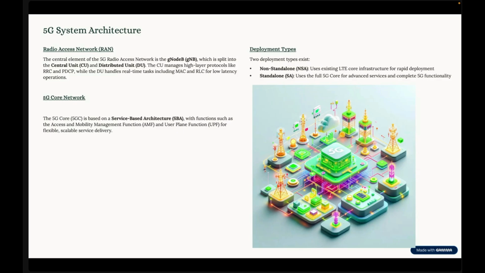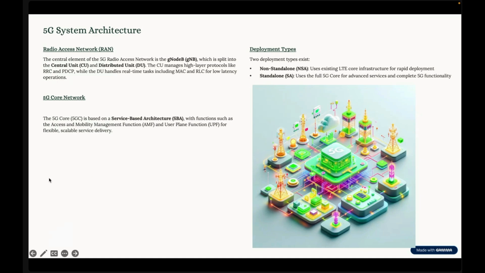Architecture in LTE, as I conveyed earlier, is primarily hardware based, while 5G is completely cloud based, as cloud computing, which we say. So 5G is basically a service based architecture with functions such as access and mobility management, AMF, UPF. In detail, we will be covering this in the first session of the training part.